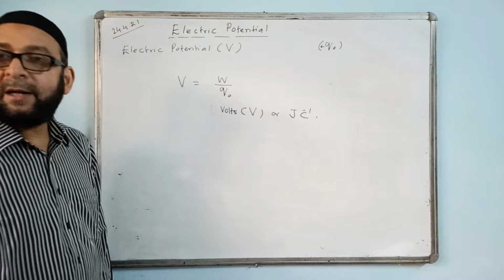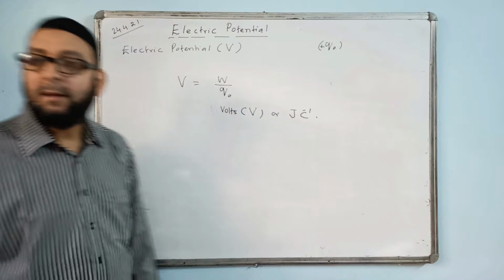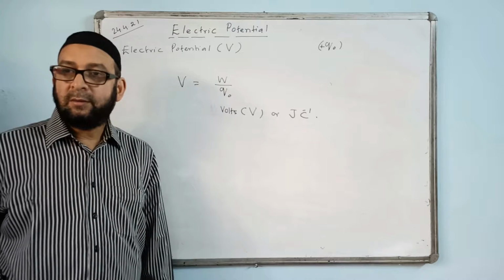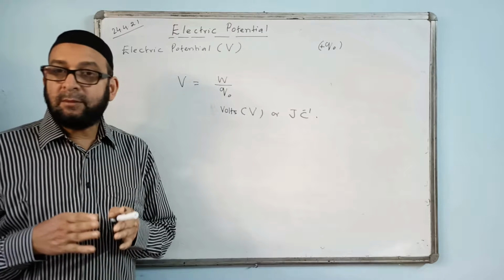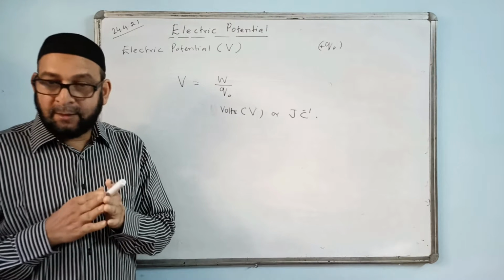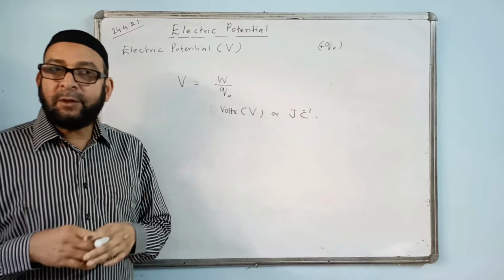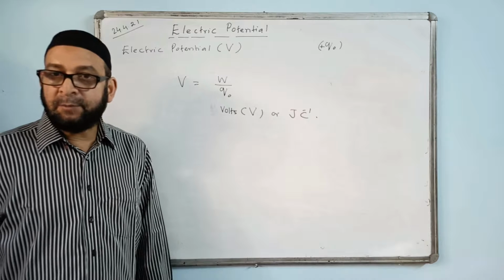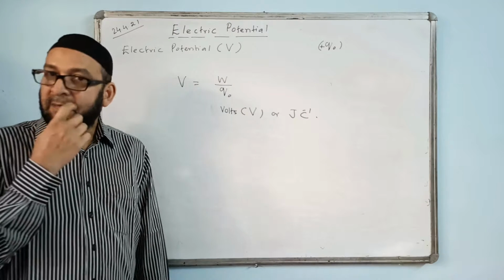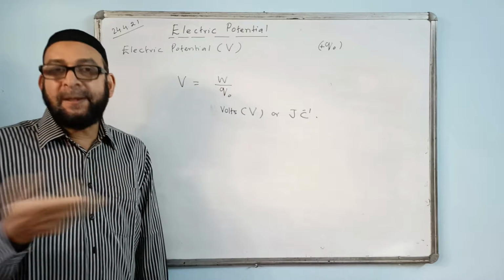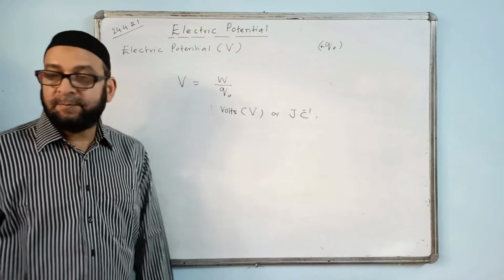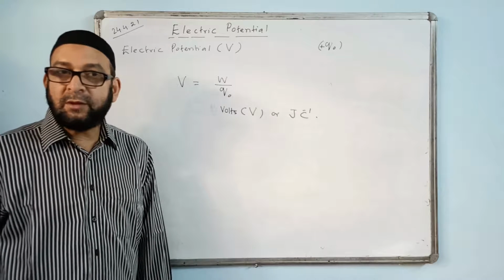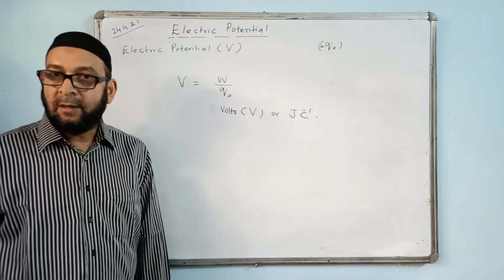So for electric potential, we will not use the rules of vectors. We will not break into components, or find the resultant of the electric potentials. Scalar quantities are simply added, so we will simply add them.